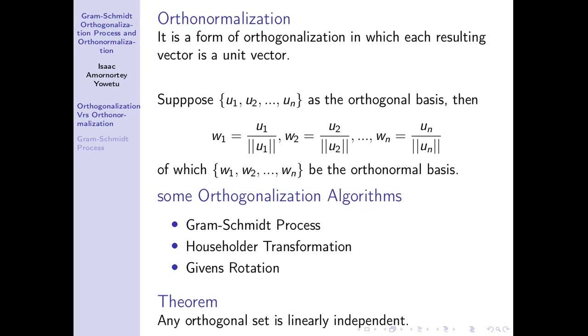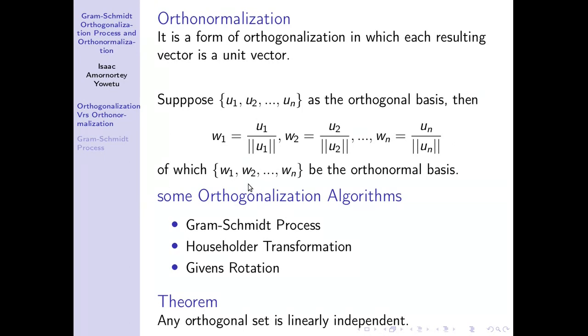So suppose u1, u2, un is an orthogonal basis, then we can have w1 to be u1 over the length of u1, and w2 to be equal to u2 over the length of u2, and we continue that way to get wn, of which w1, w2 to wn is the orthonormal basis.